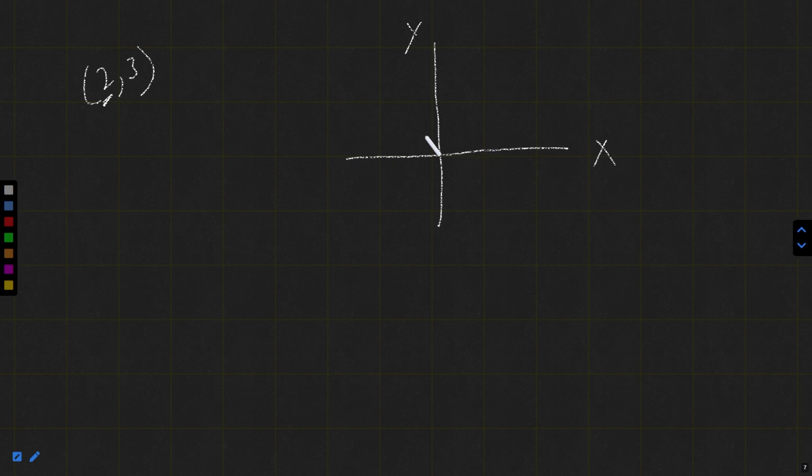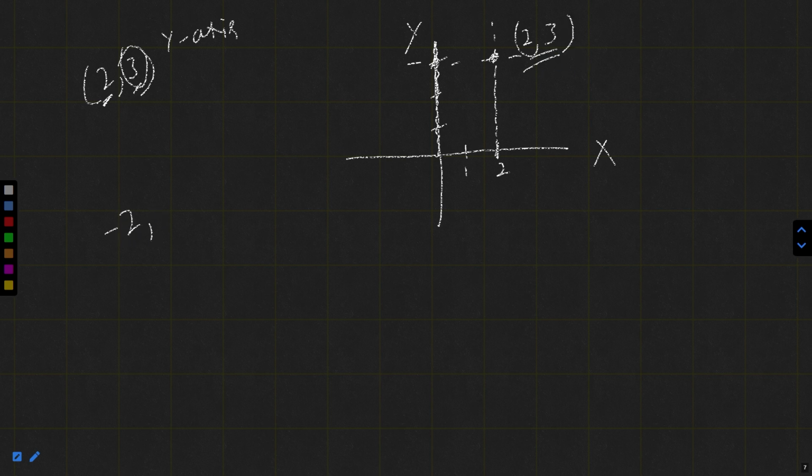So 2 is somewhere here, 2 is positive: 1, 2. And 3 comes from the y-axis, so y is somewhere here, and 3 is positive: 1, 2, 3. If we draw lines from 2 and 3, the intersection point is the point (2, 3). The position is here.